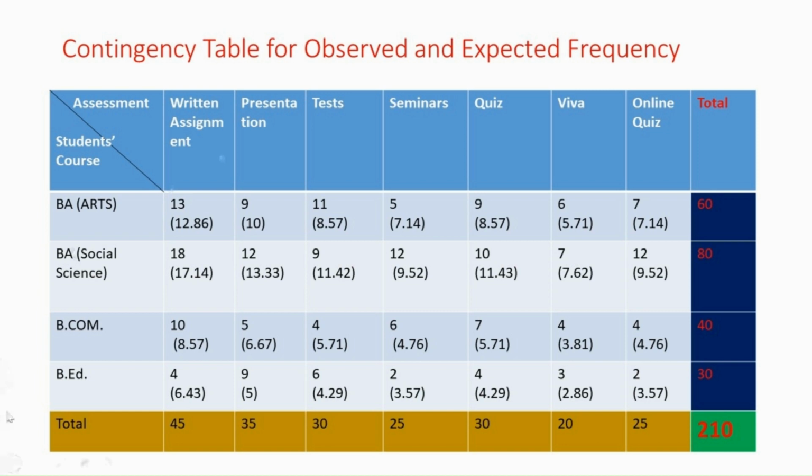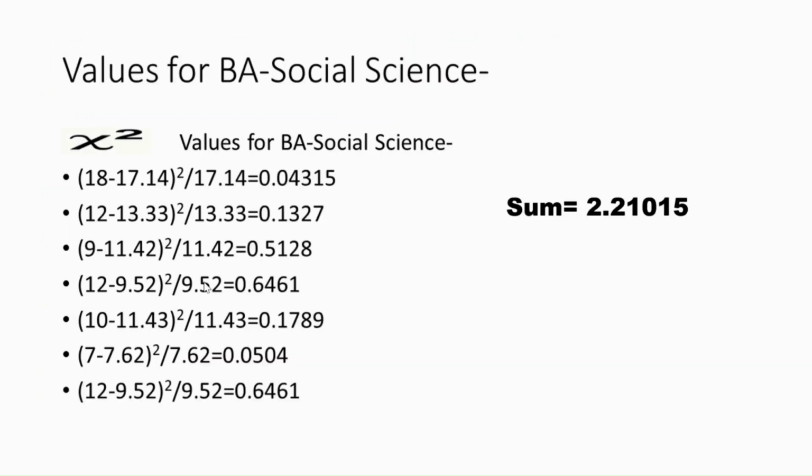In the first column and second row, it is (18 minus 17.14) square and then divided by 17.14. And similarly for the other cells, we get (FO minus FA) square divided by FA for the BA Social Science students. And after this, we add these values and we get the sum 2.21015.